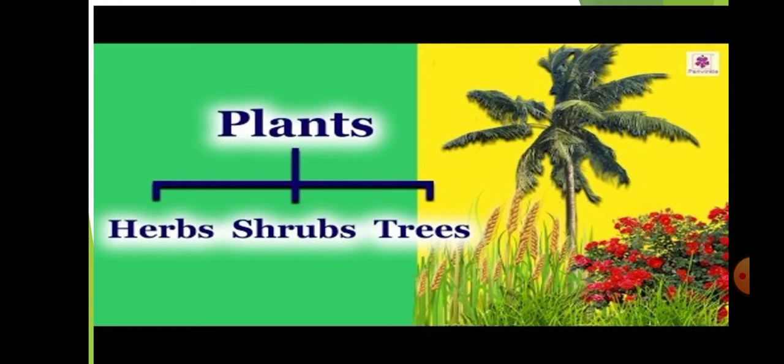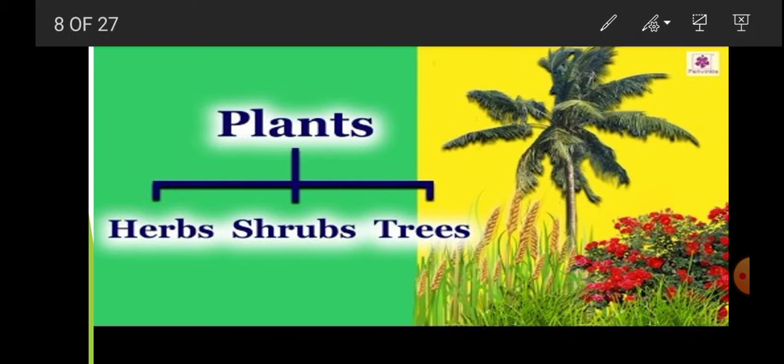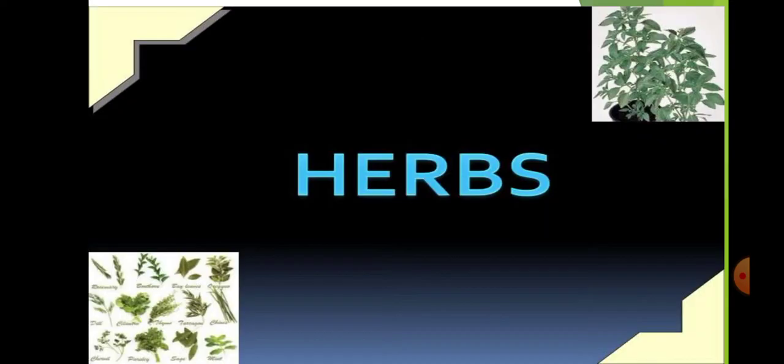Apart from this, two more categories are there that we will discuss later in this video, so keep on watching. We are going to start first of all with herbs.